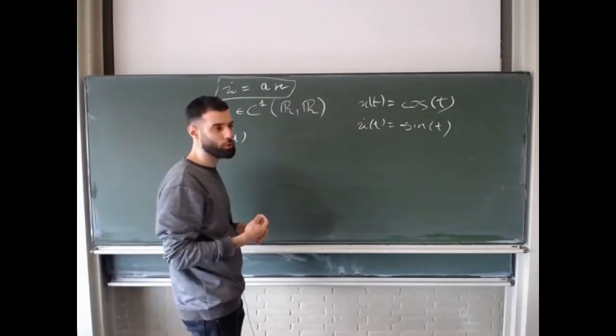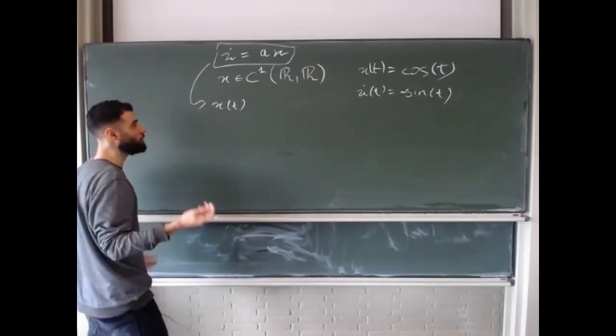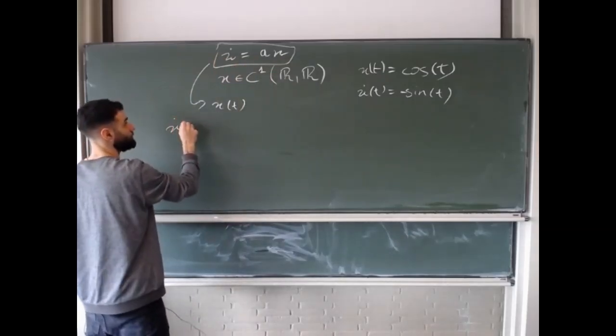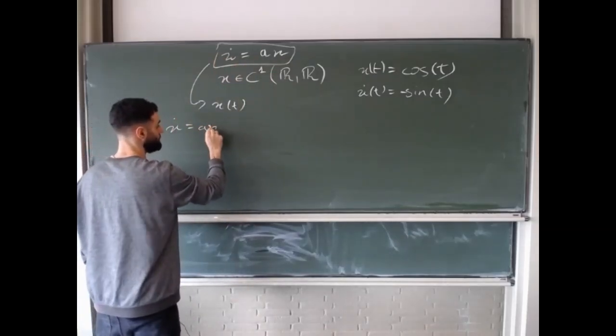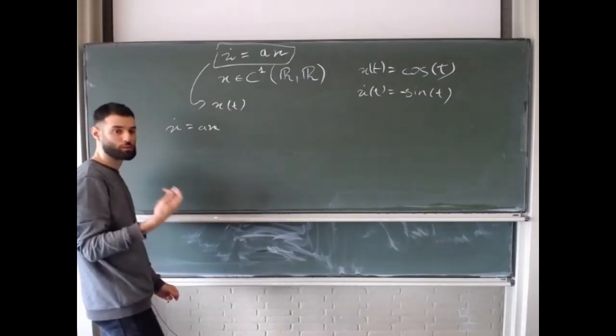For example, you will know from your system theory and control theory courses how to resolve such a linear differential equation. You know that the solution to this differential equation is what's called the exponential.